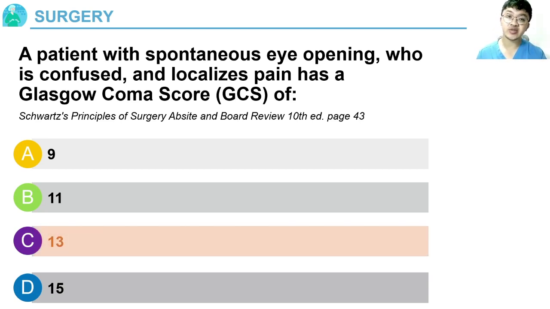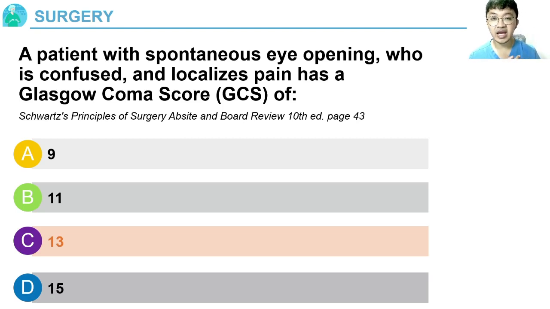For Glasgow Coma score, you have 3 parameters: your E, eye response, your V, verbal response, and your M, motor response. It's EVM. The lowest score that you can get for each one of them is 1. For the 3 of them, the lowest GCS score is 3.